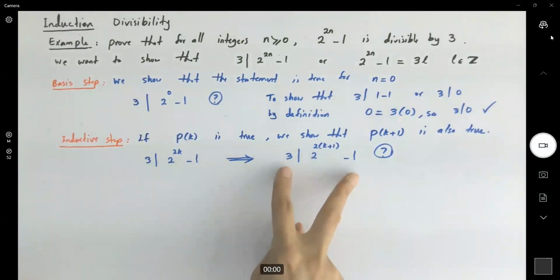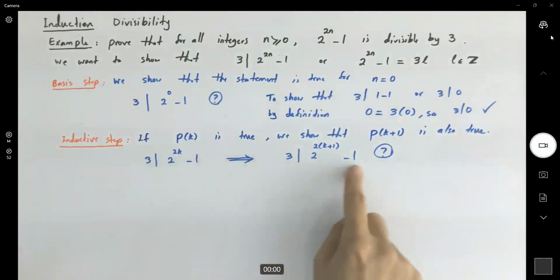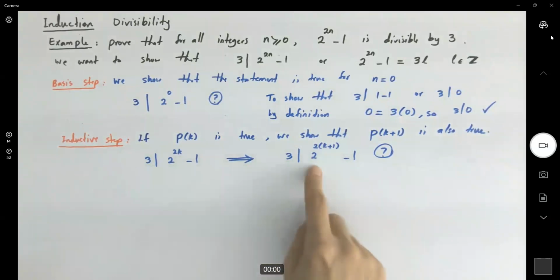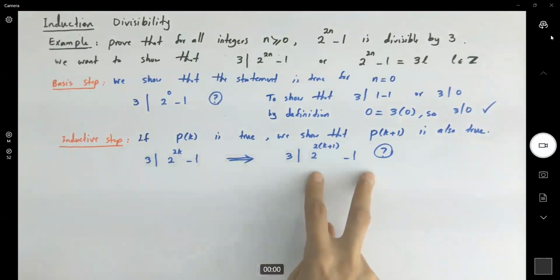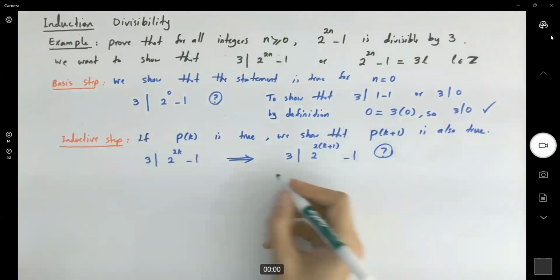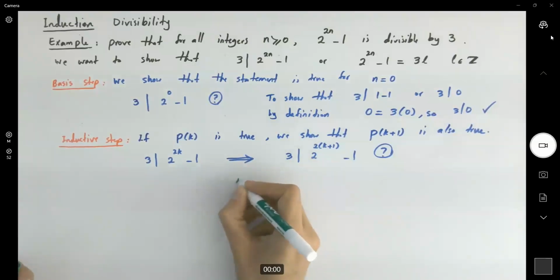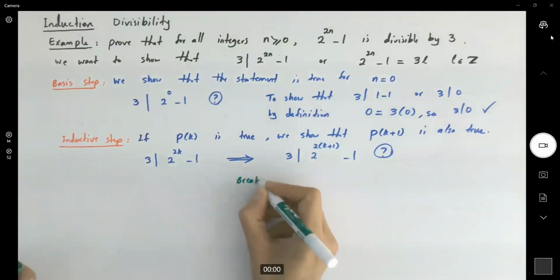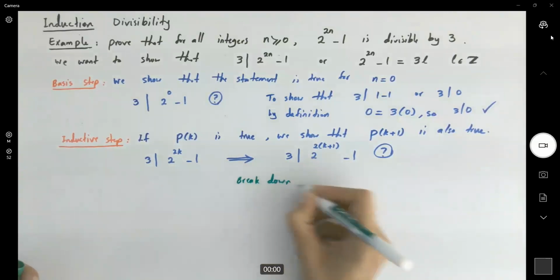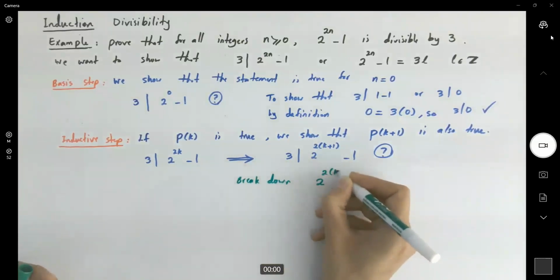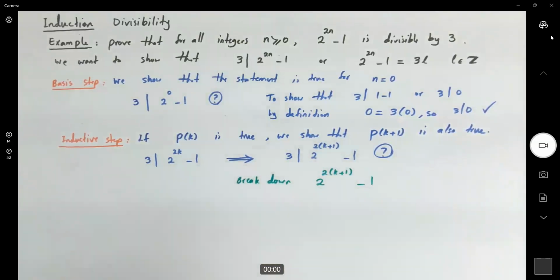Okay, so first you have a statement here. You have this number here. Break this down, 2 to power 2k plus 1 minus 1.